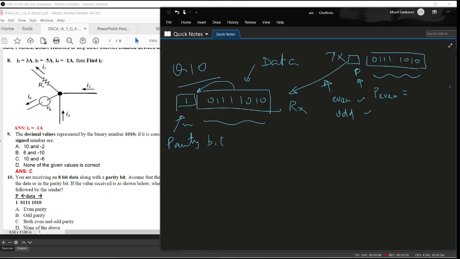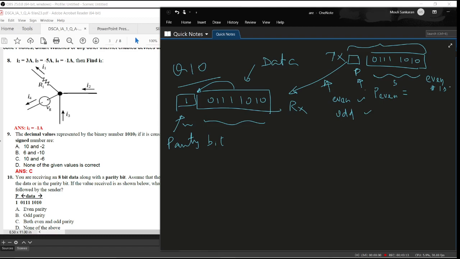How do I choose it? Along with the parity bit and the data bits, I need to make sure that I have an even number of ones. Now, this data has 1, 2, 3, 4, 5 ones.